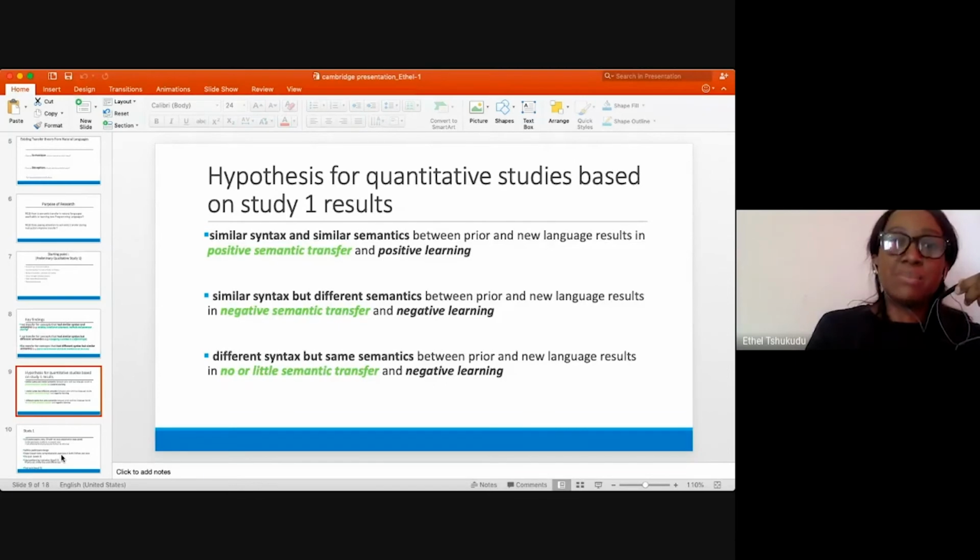If there is similarity in syntax but differences in semantics, negative transfer will happen. And if there is difference in syntax but similarity in semantics, there might be little or no transfer at all.